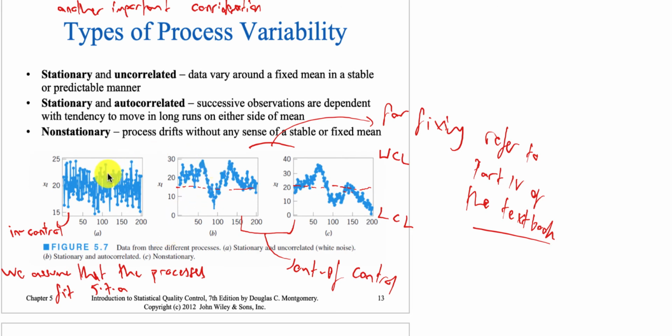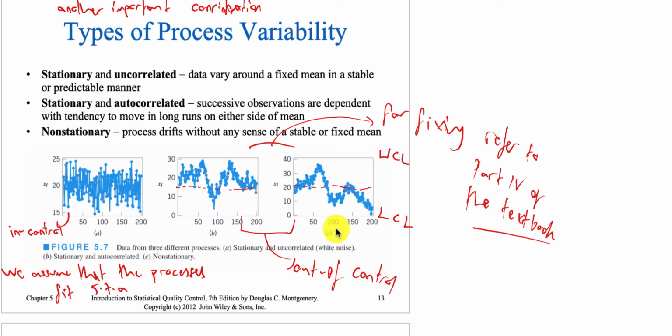Maybe these examples seem like they are in control, but actually examples B and C are not in control. Maybe there are no out-of-control points, but something is going wrong here. So we also need to observe the patterns, because the control chart may seem in control when it is not.